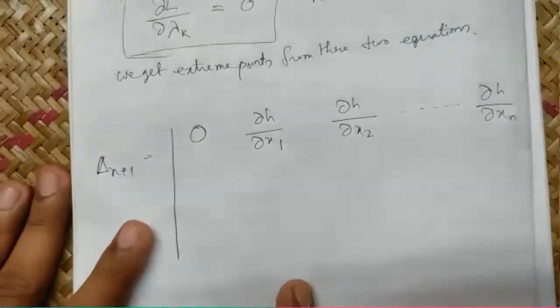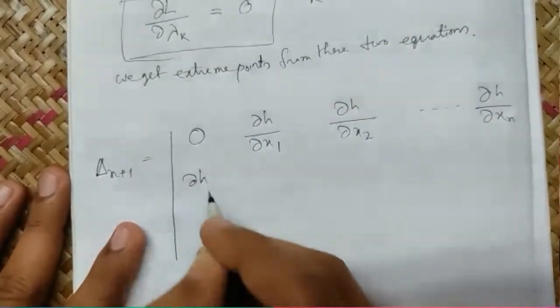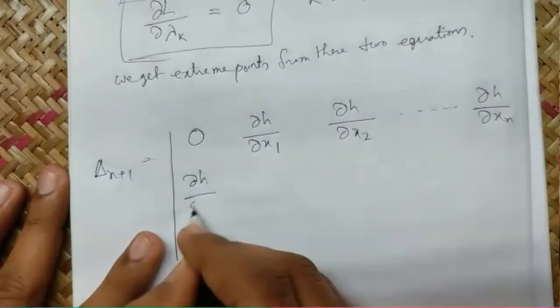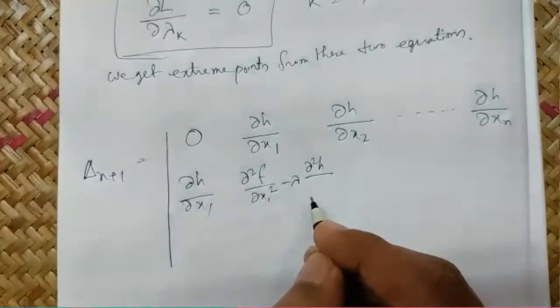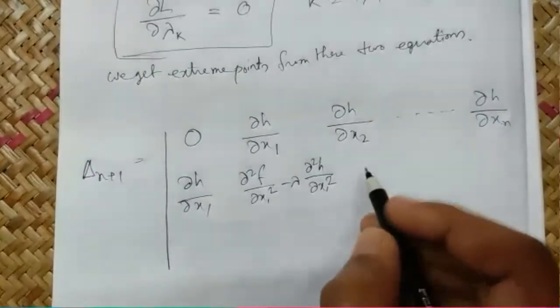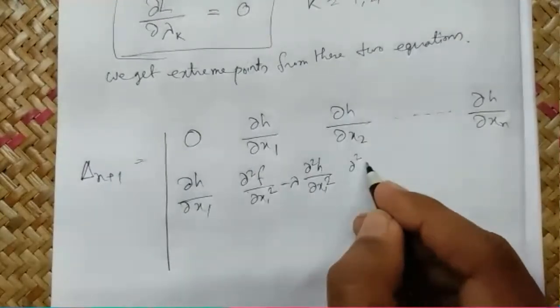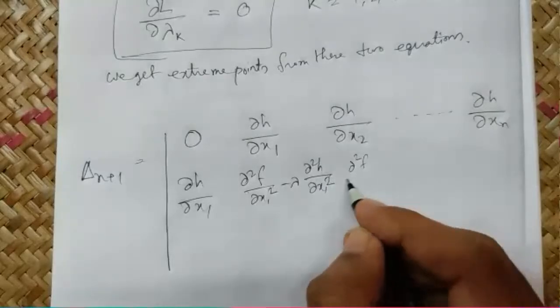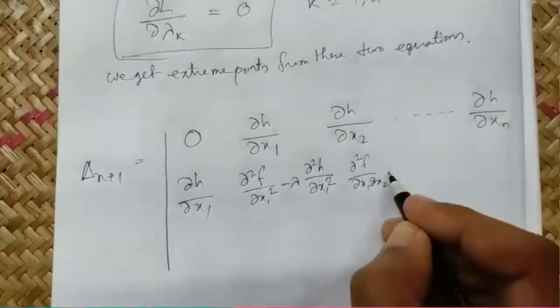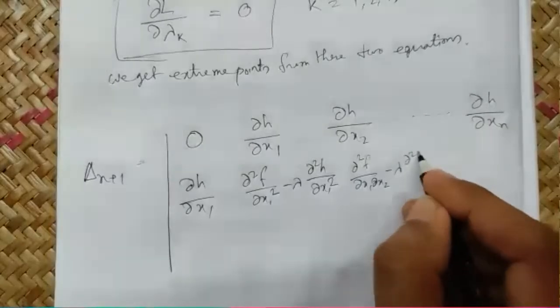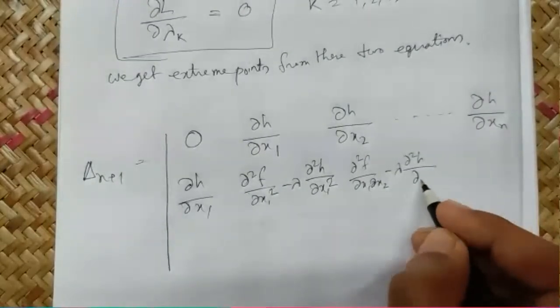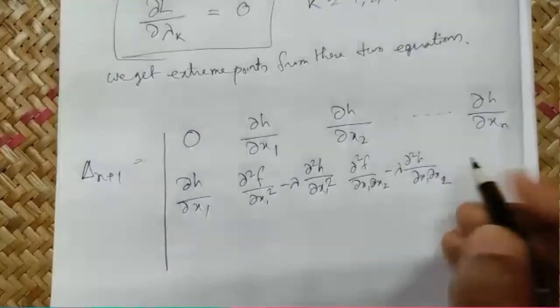Then del h del x1, del 2f del x1 square minus lambda into del 2h del x1 square, then del 2f del x1 del x2 minus lambda into del 2h del x1 del x2.